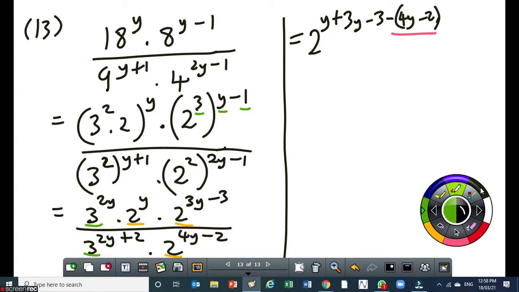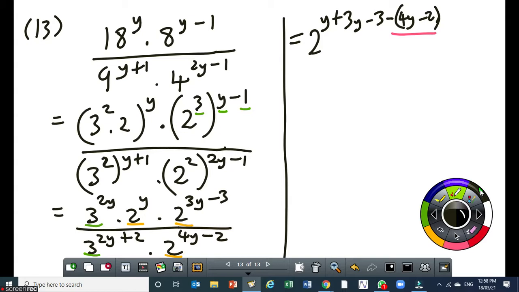So I'm just going to use law 2 of exponents, so that will be times 3 to the power of 2y minus open bracket 2y plus 2, then I'll close the bracket. The next step now is for me to simplify it. I can remove the brackets first and then simplify, which is what I'm going to do this time.